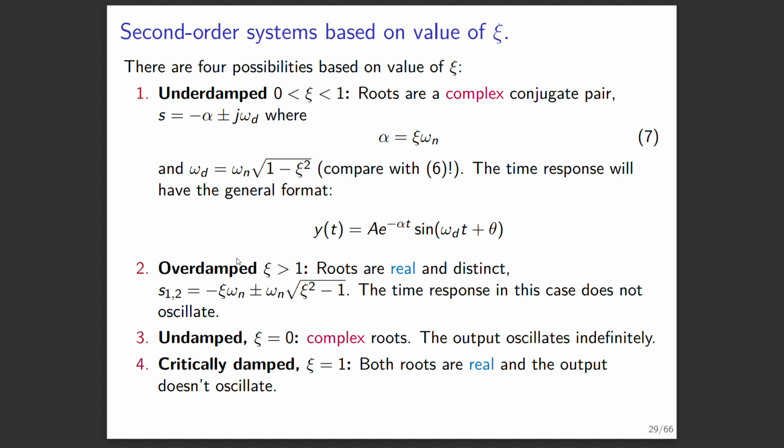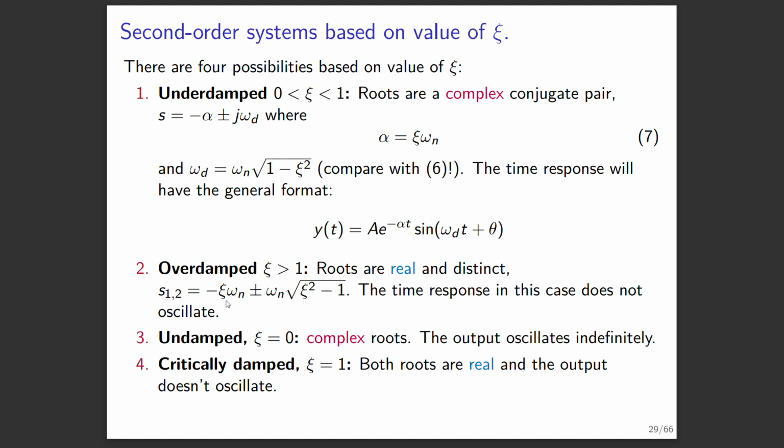We have overdamped systems. Overdamped systems are when zeta is greater than 1. You're going to have 2 distinct real poles: negative zeta omega n plus omega n square root of zeta squared minus 1, and the other one is negative zeta omega n minus omega n square root of zeta squared minus 1. Those are overdamped systems.